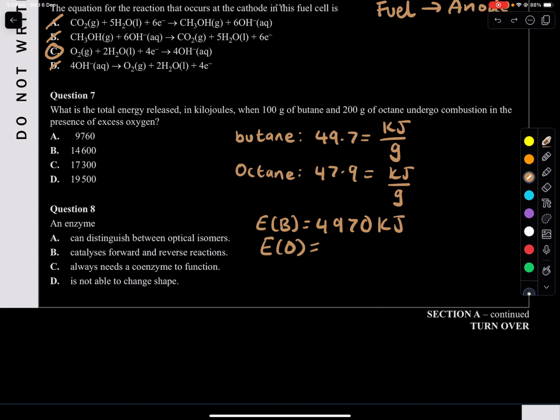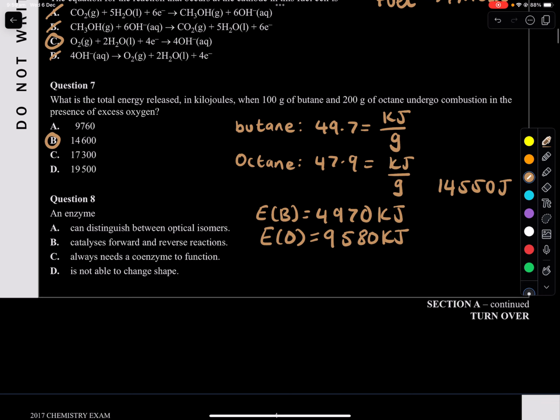So 47.9 times 200, and we get 9580 kilojoules. And adding them all together to get the total energy, we get 4970 plus 9580. We get 14,550 kilojoules, which looks like B is your possible answer for that one. Nice and easy.